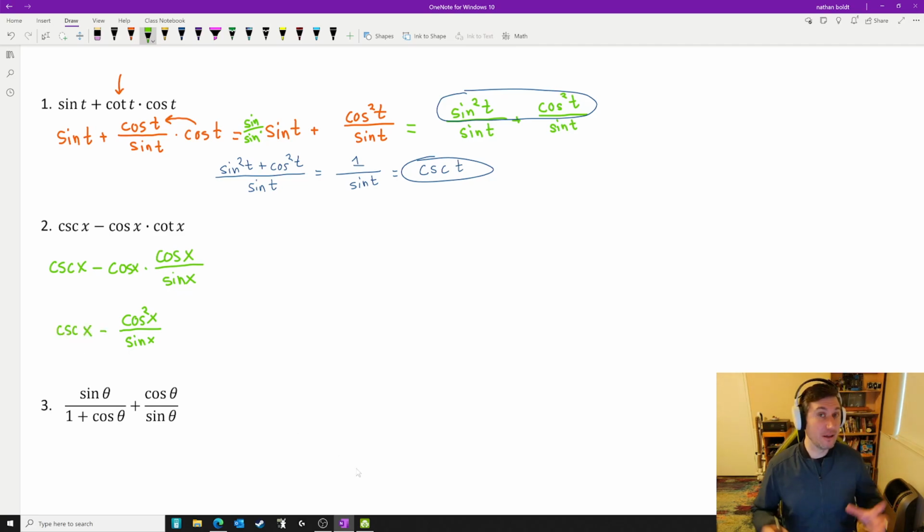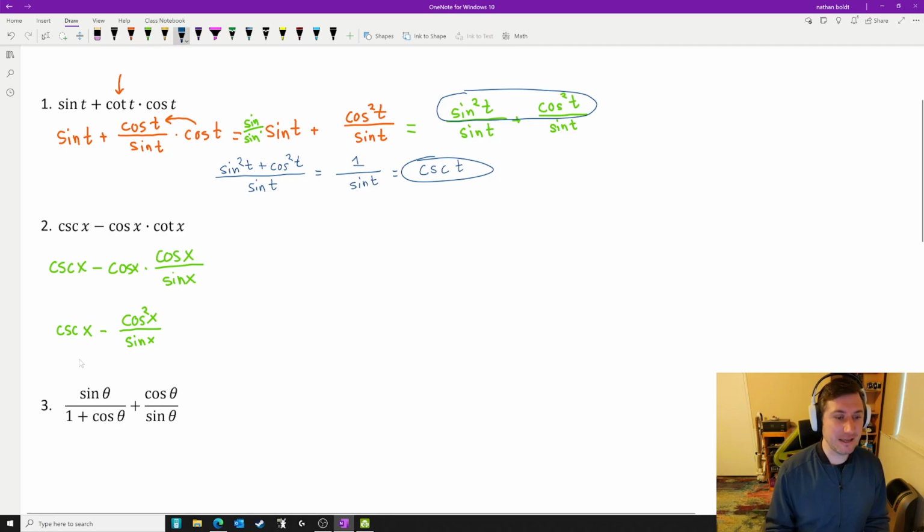Bring that down. Now we want to combine these two fractions, so the left part needs to have a sine in the denominator. So this one, we have to multiply by sine over sine.